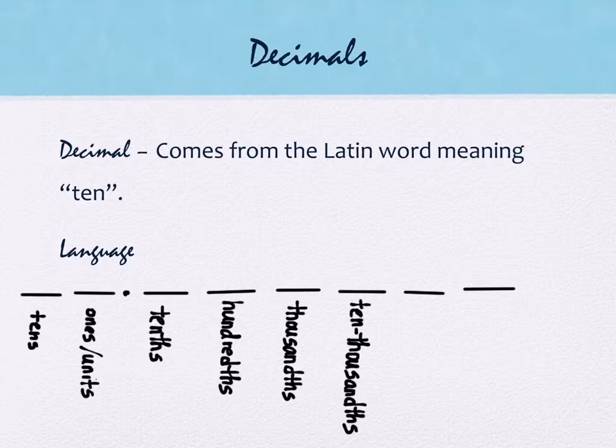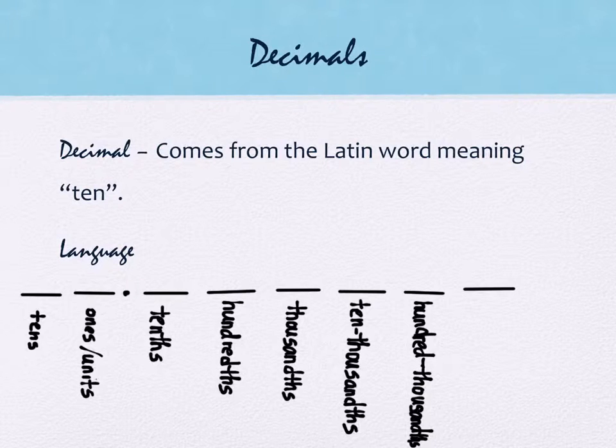What are we doing after the 10 thousandths? 100 thousandths. And there's a hyphen there too.